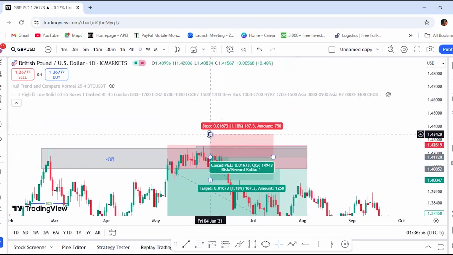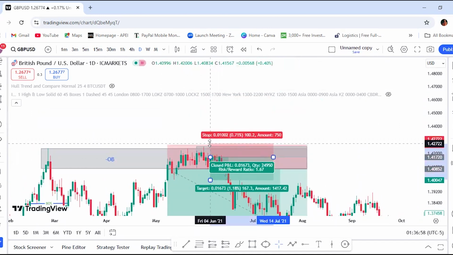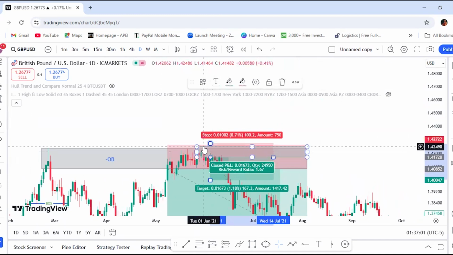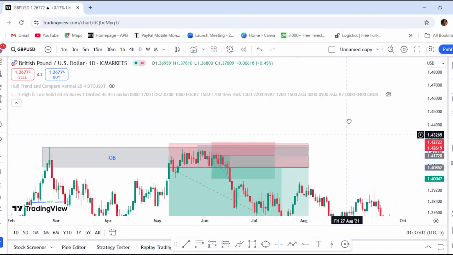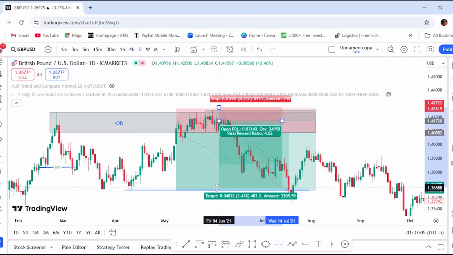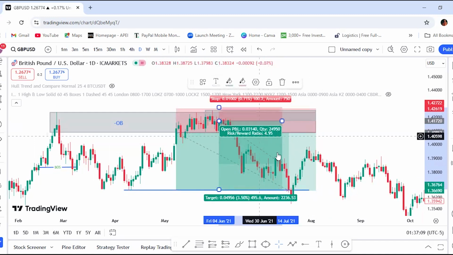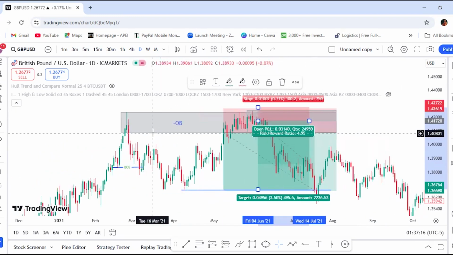Your stop loss needs to be above the high of the candle that formed the engulfing, and this even increases your reward, with a risk to reward ratio of 1 to 4.95. So those are two ways that you can trade from these bearish engulfing.